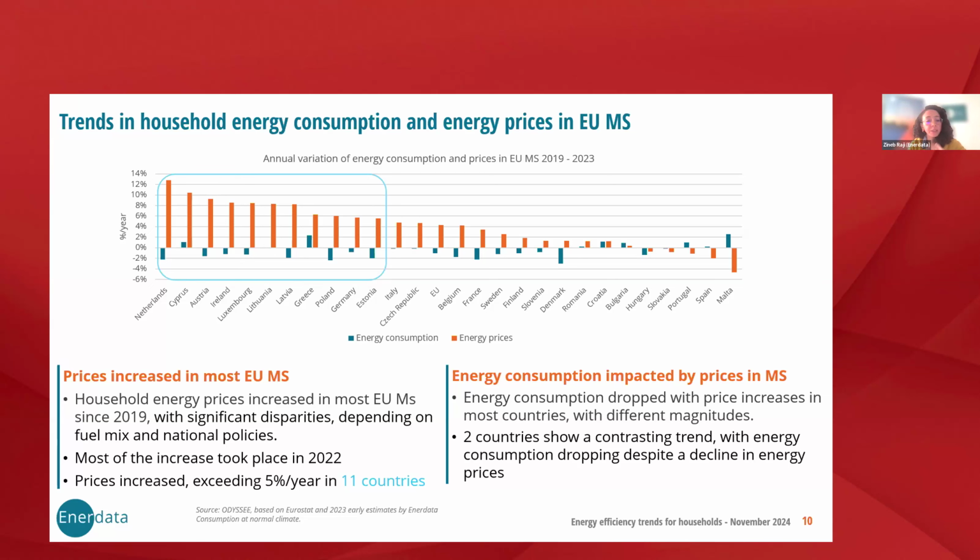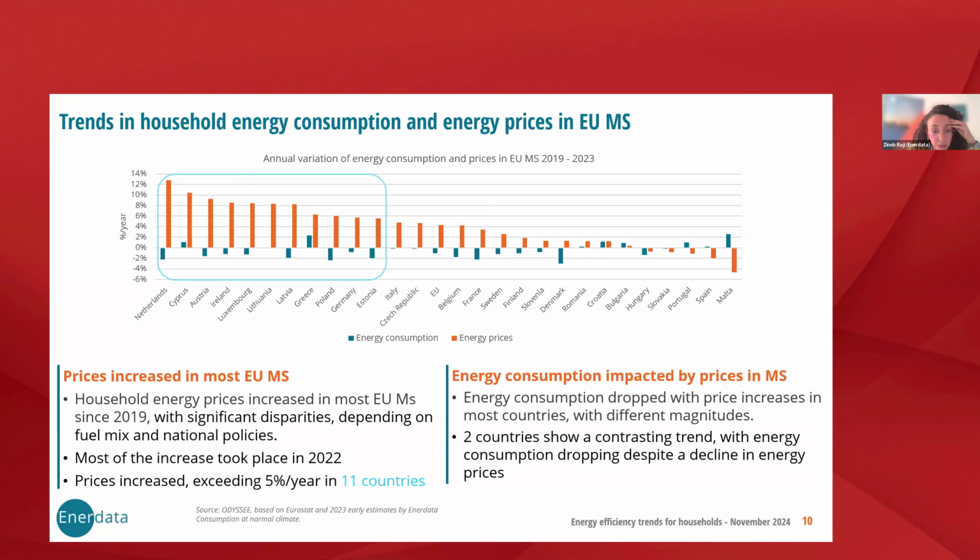So prices increased in most EU member states, with yearly average rates exceeding 5% in 11 countries. So these are the countries on the left of the chart that are surrounded by the light blue square. We can also observe that most of the increase took place in 2023.